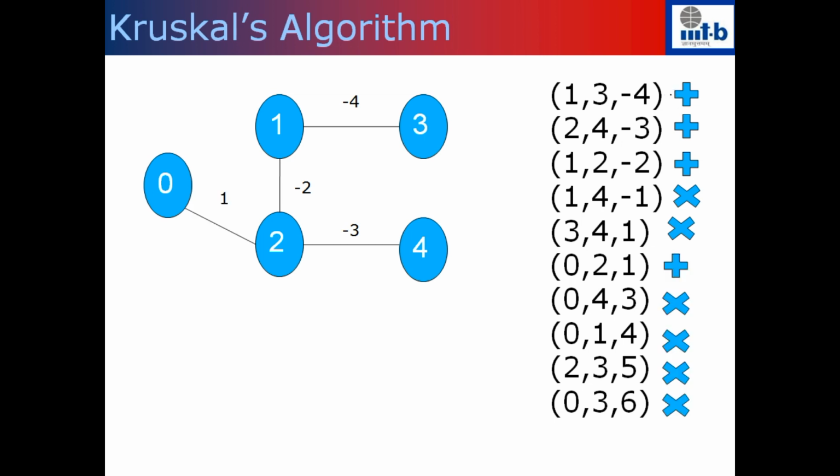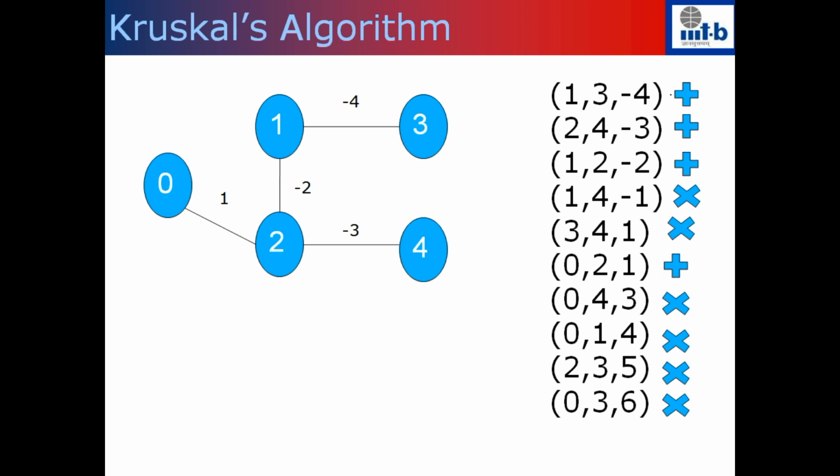If we consider any other edges, since there is only one connected component now, any edge that you take from now onwards will go within the connected component, so we will not end up adding that. So the algorithm is simple. Take an edge and ask the question whether it goes across the connected component. If it goes across the connected component, add this edge into the MST, which is equivalent to merging two connected components.